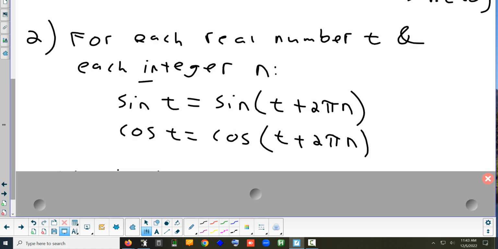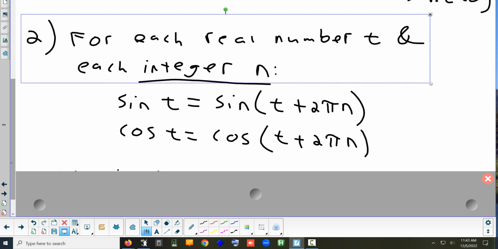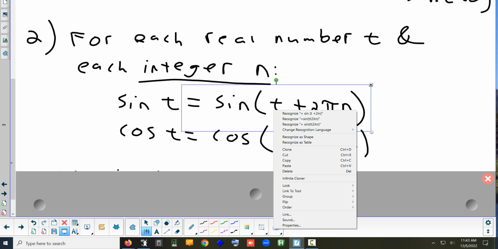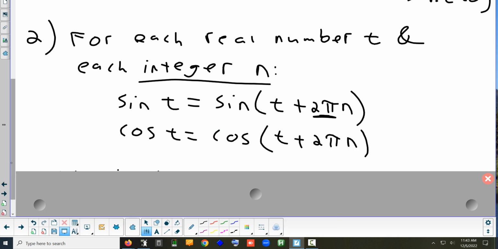Again, n is just an integer for how many times you've added 2 pi. And if you think, well, you didn't write subtract here, you could have a negative integer. So adding or subtracting multiples of 2 pi to any value will not affect the sine and cosine.